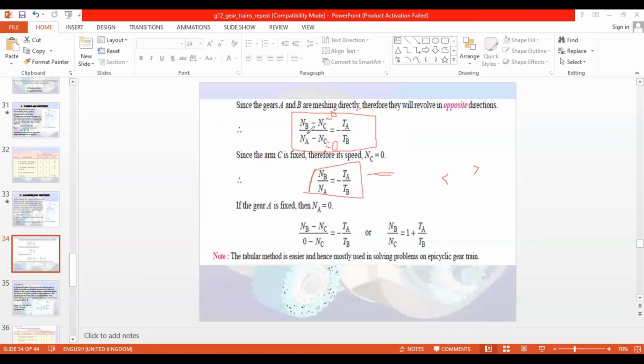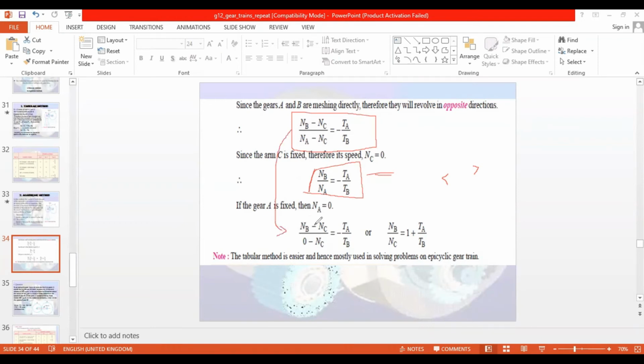If I leave C to move and fix only A to 0, what will I do? I will put NA equal to 0 here. But C will move now because I did not say that it is fixed. So when A is fixed and C is moving, this equation is going to come like this.